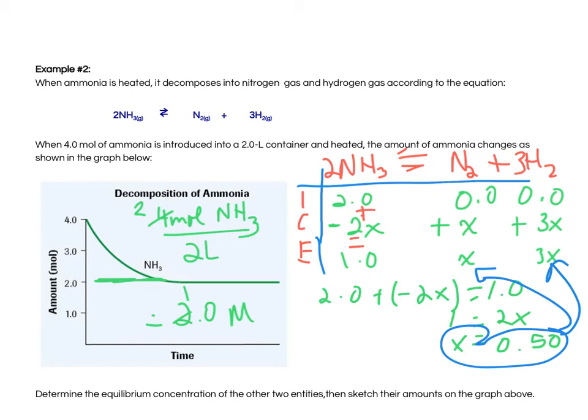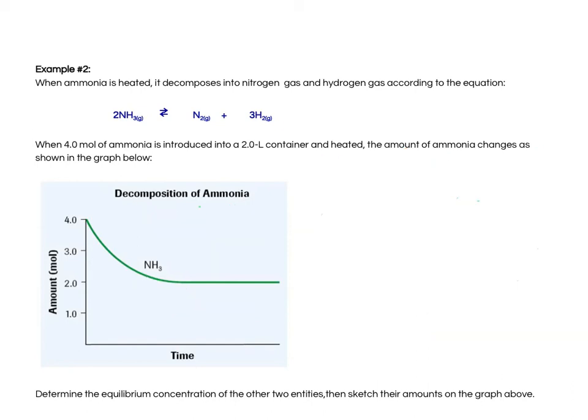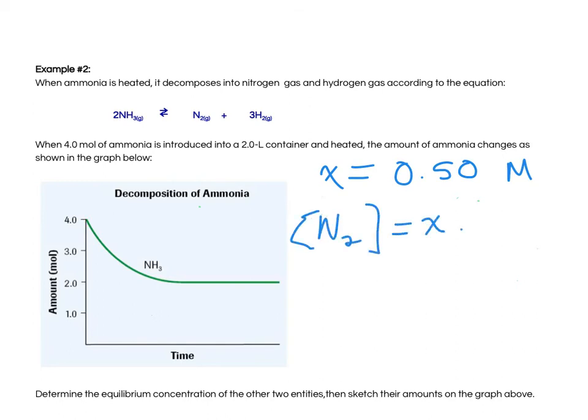So let me erase some of this. All right, so just to recap, the value of x I came to see as 0.50, and of course that's a quantity in moles per liter. So the concentration of N2 we said was actually equal to x, and so that means the equilibrium concentration of N2 happens to be 0.50 moles per liter.